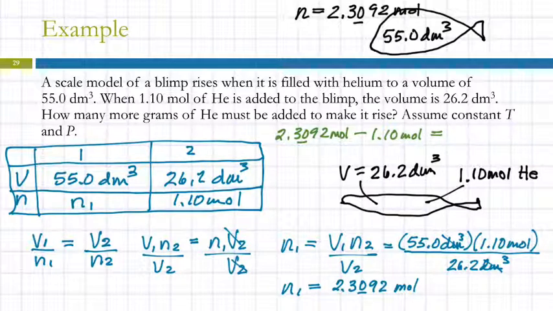And so that is 1.2092 moles that we need to add. How do I turn that into grams? Molar mass.